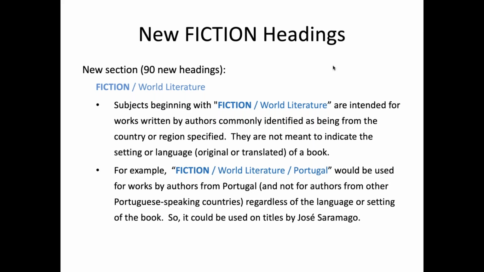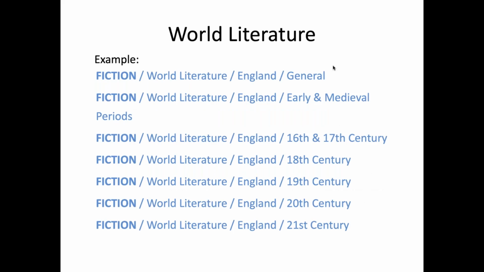So here's an example of the world literature tree. This is England. We have the general, and it's broken down by time periods. And we do have quite a lot of countries. As I said, we have 93 headings, although some, like England, have quite a number of headings.